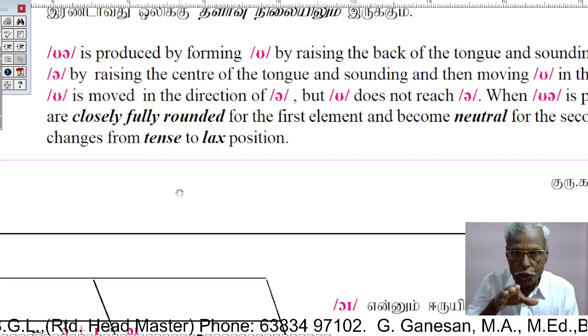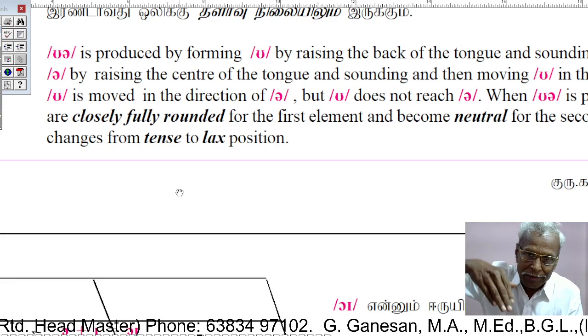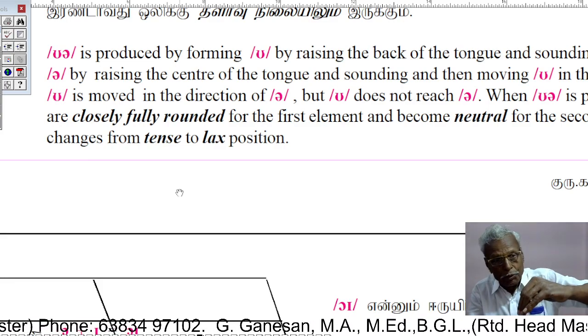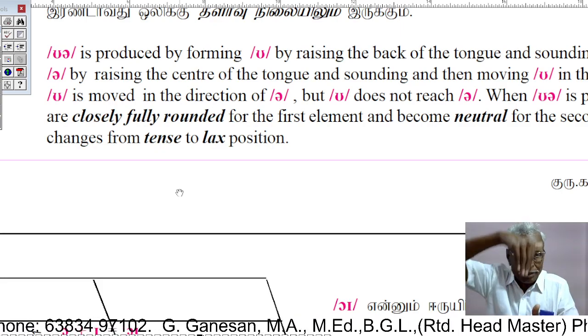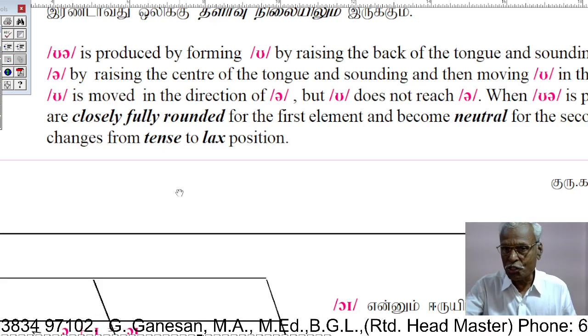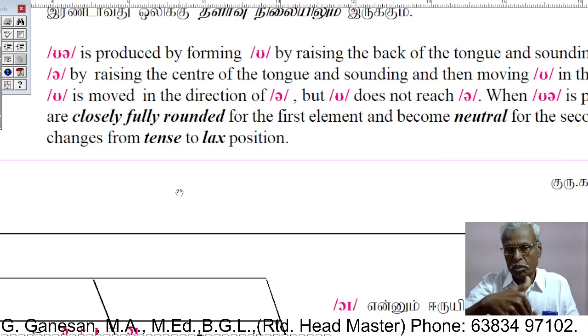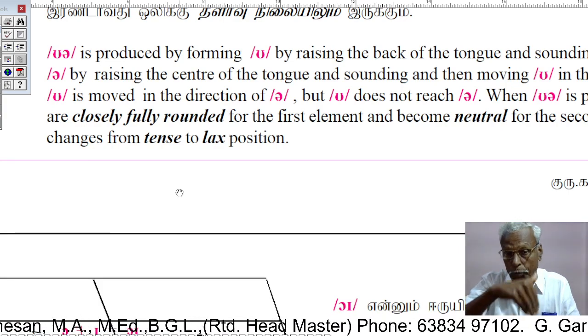First, U is produced by raising the back of the tongue and sounding, and A is produced by raising the center of the tongue and sounding. Not simply raising, they should be sounded. Then only a phoneme would be produced.